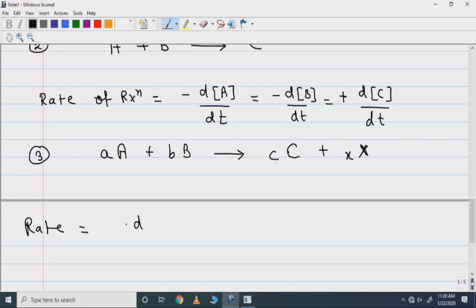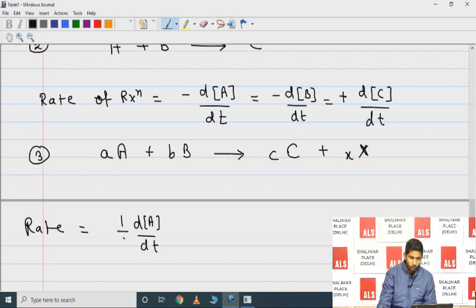For A, I'll simply say it is minus dA by dt. What you have to do, simply write the coefficient like this, 1 upon whatever the coefficient is, because I'm comparing exactly with respect to 1 mole of A, how many moles of B should be used, how many moles of C will be formed, and how many moles of X will be formed.